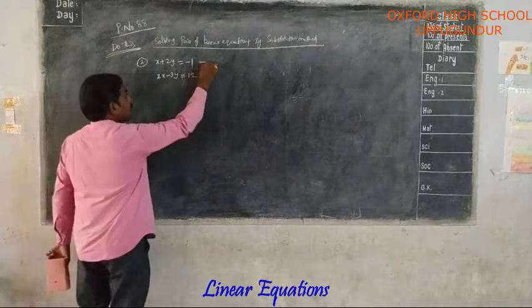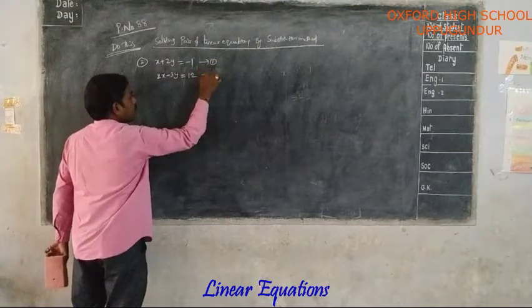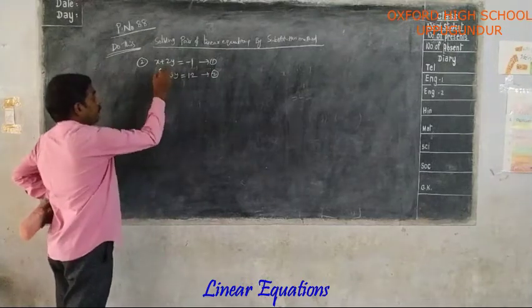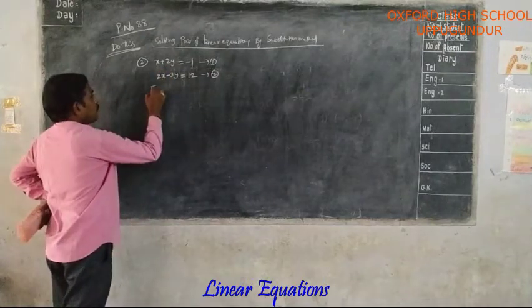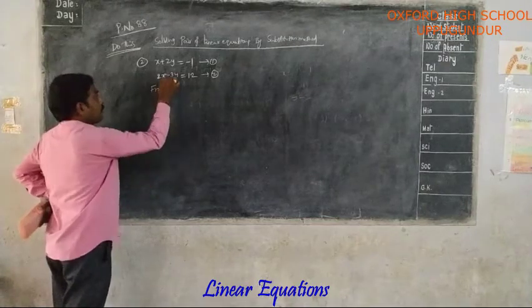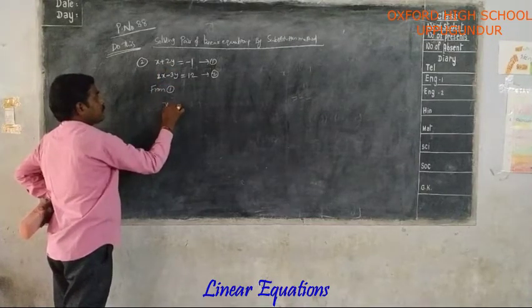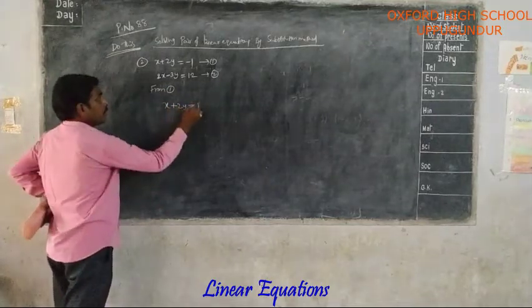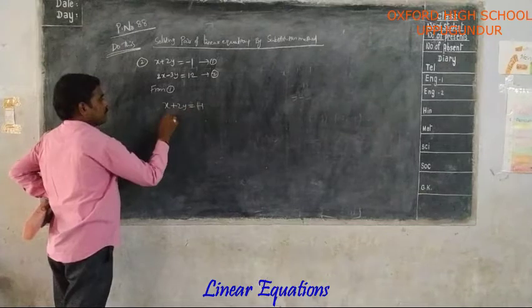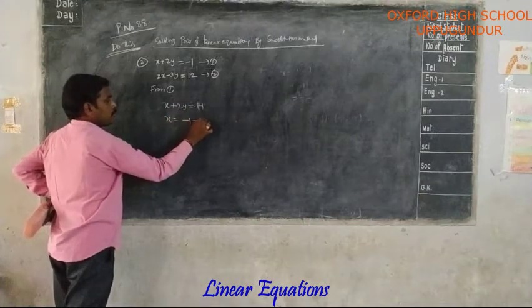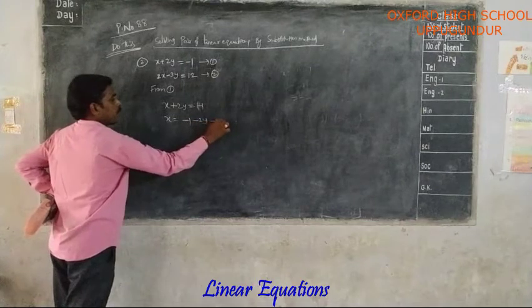Consider these two as equation 1 and equation 2. If you take the first equation, from equation 1, making x the subject, x plus 2y equal to minus 1. From this, x equal to minus 1, transposing 2y to this side, minus 2y. Make this equation 3.